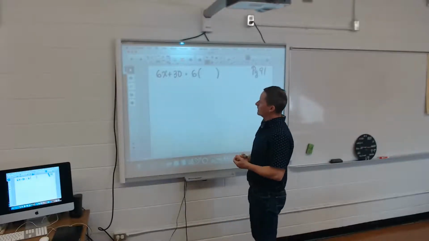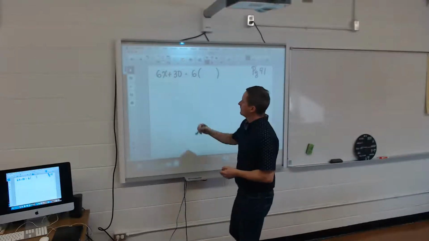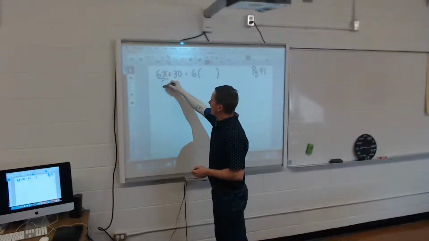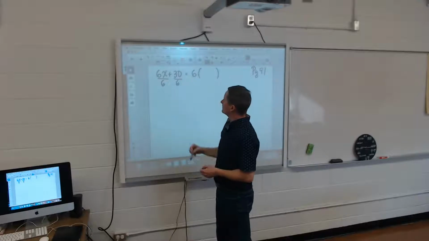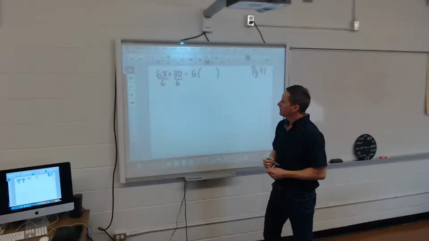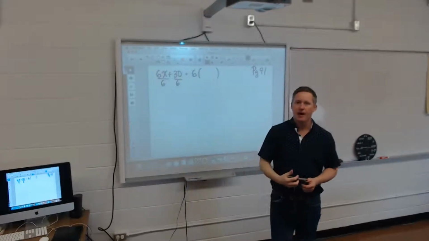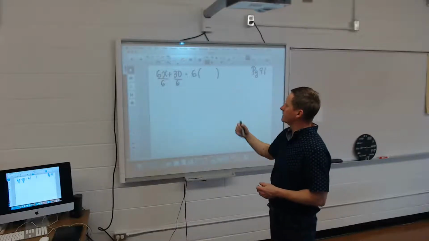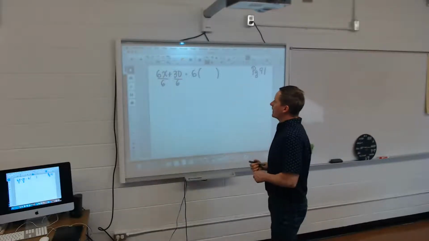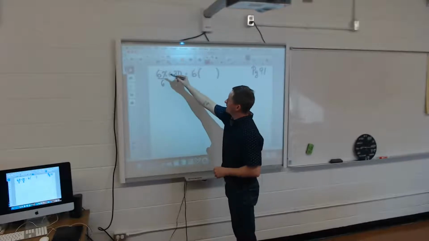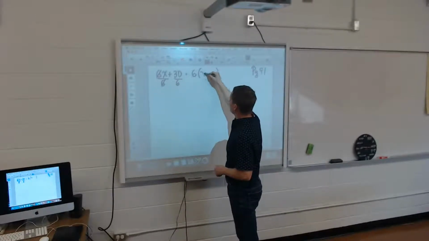So one way I look at it is I don't like to do this. Again, I'm just showing you different ways in which I would do this. So to find out what's left in the brackets, I divide by 6. Okay, so I get 6x divided by 6. Well, those cancel. That leaves me with x in here.